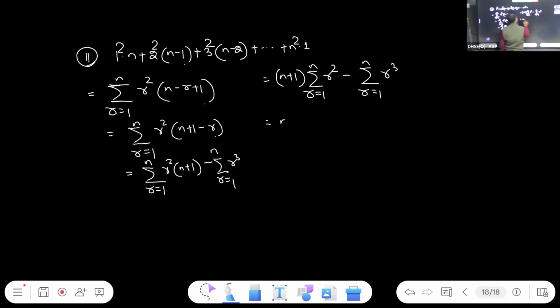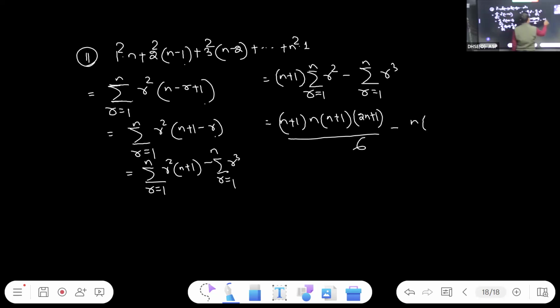This is equal to n plus 1 into n into n plus 1 into 2n plus 1 by 6 minus n into n plus 1 divided by 2 whole square. Now I can calculate this.